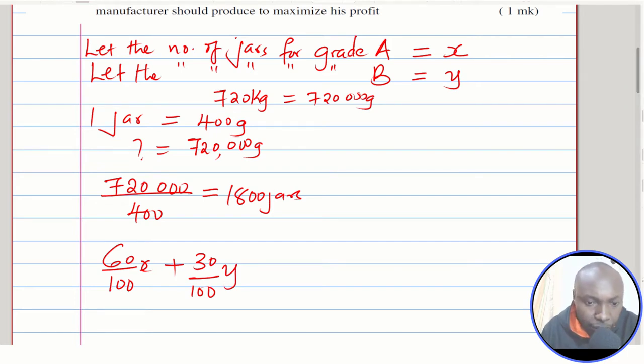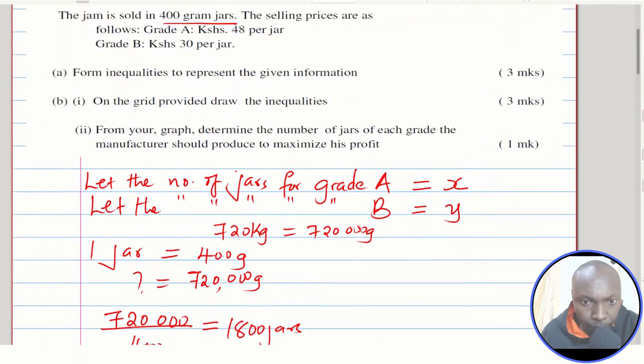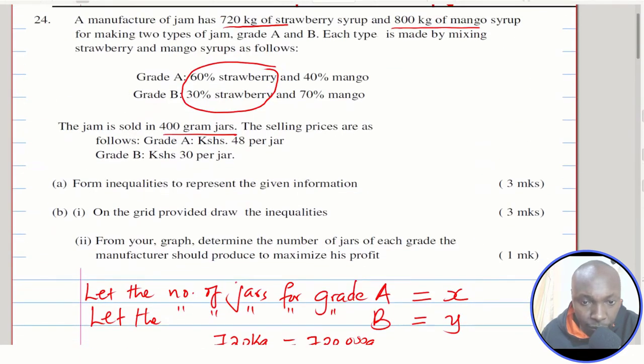So this expression represents the number of jars produced by mixing 60% of strawberry for grade A and 30% of strawberry for grade B.